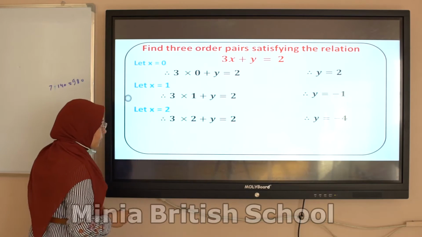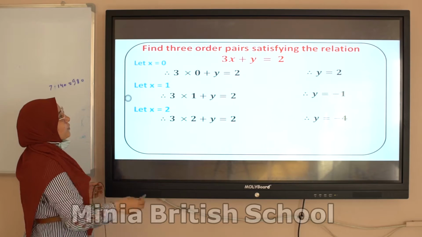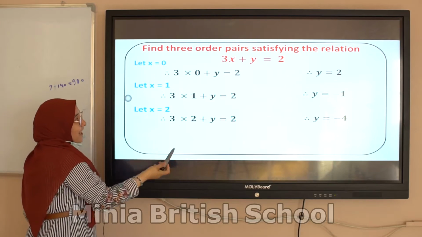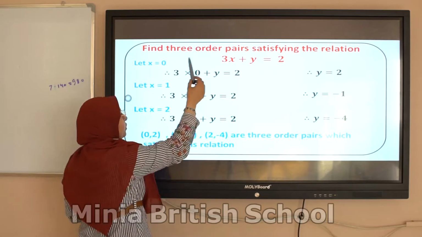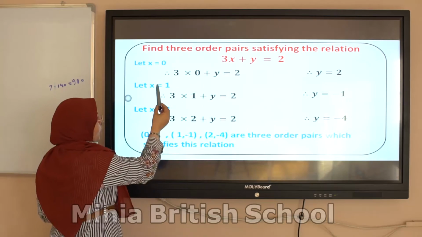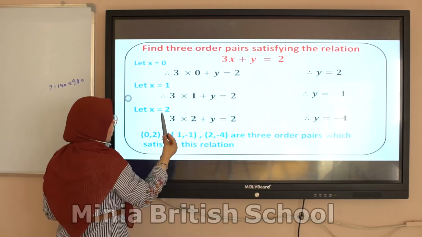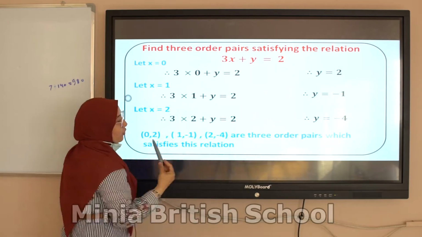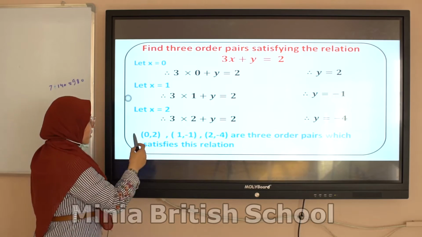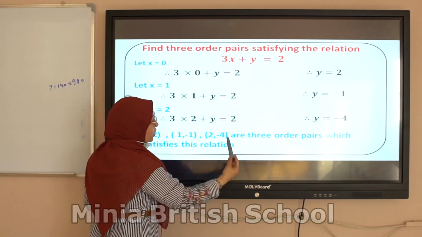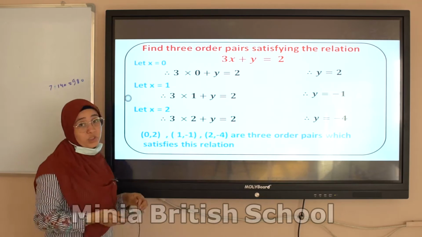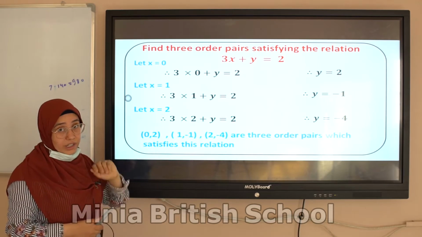So the ordered pairs which satisfy the relation 3x plus y equals 2 are (0, 2), (1, negative 1), and (2, negative 4).